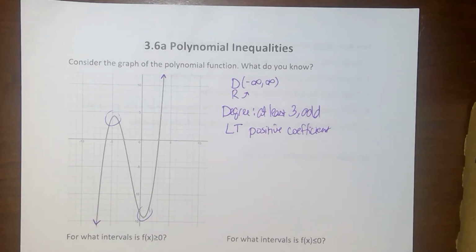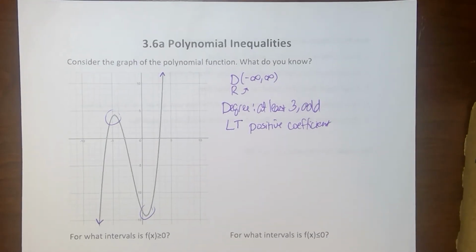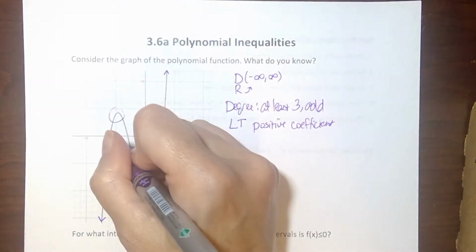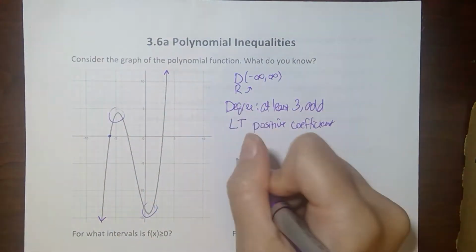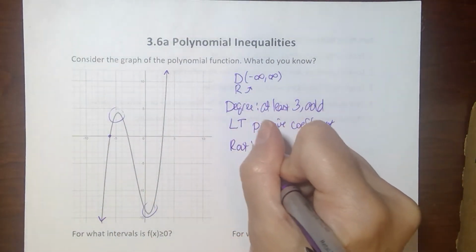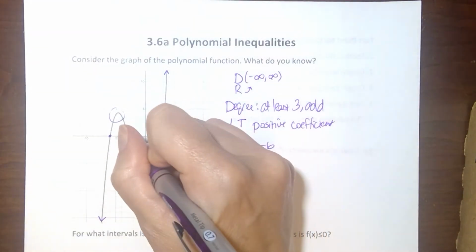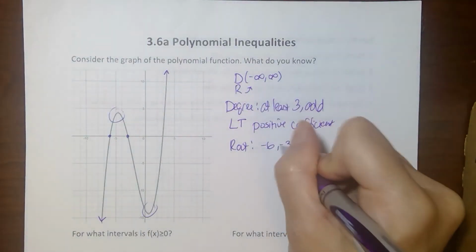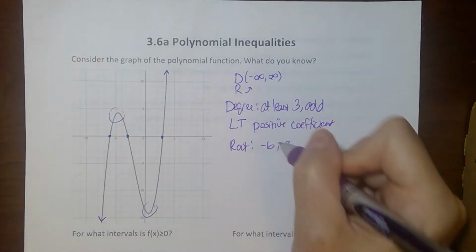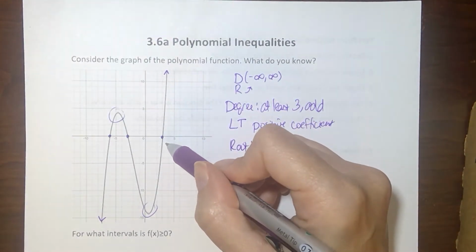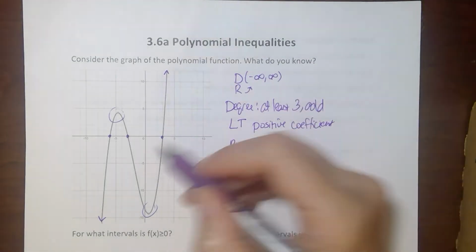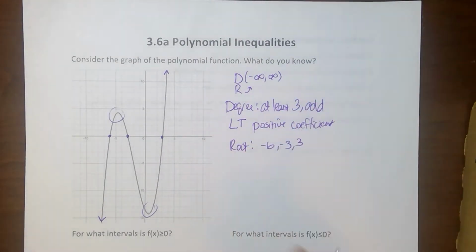I know some things about the roots and multiplicity of those roots. I know that I have a root at -6. I have a root at, it looks like, -3. And I have a root at positive 3 as well.